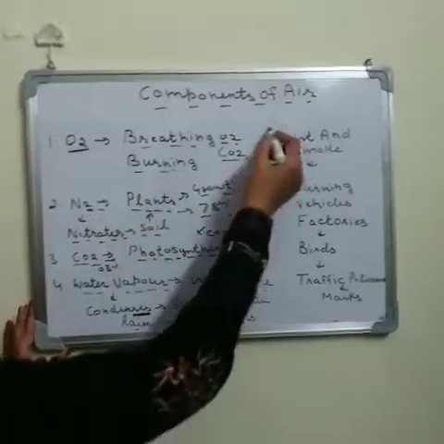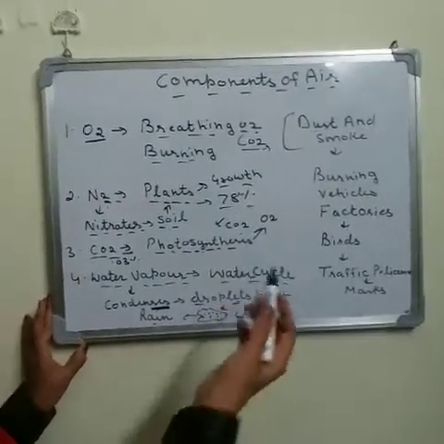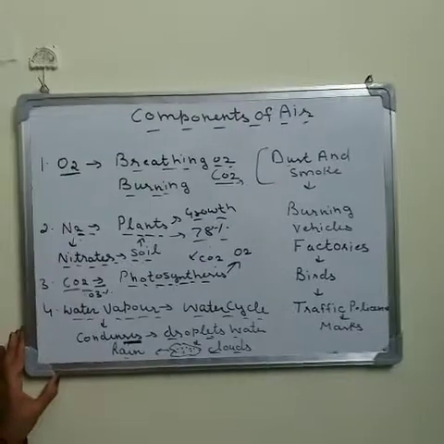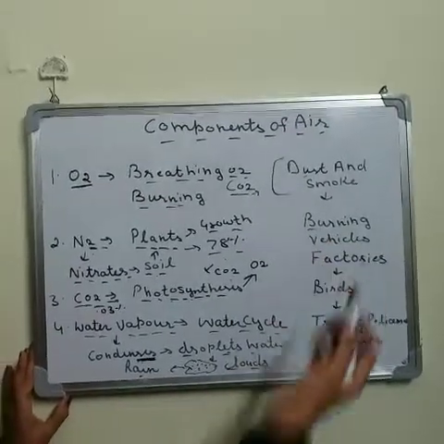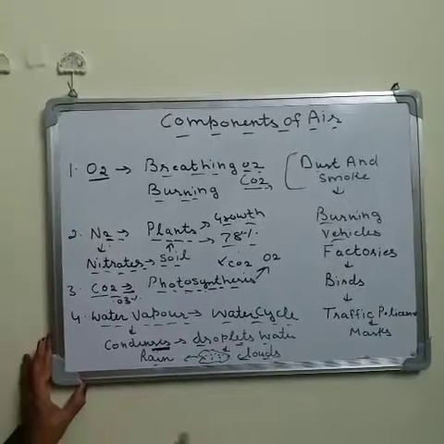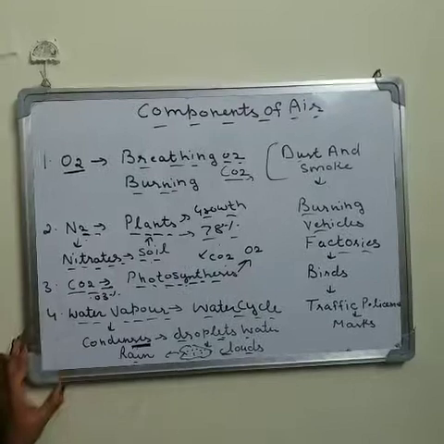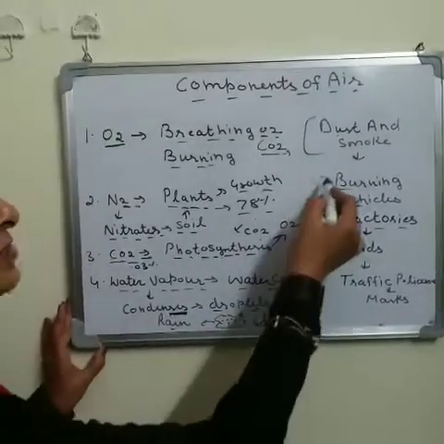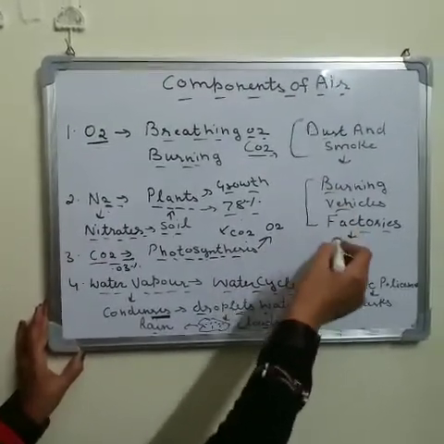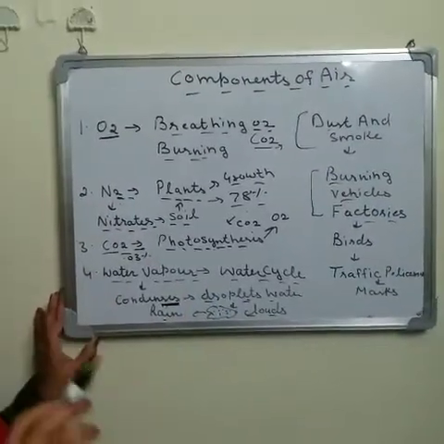Along with that, dust and smoke particles are also present in air, due to the burning of fossil fuels and vehicles moving from one place to another. In factories, they release a number of smokes and gases, and you can see these harmful gases and dust particles moving higher into the sky.